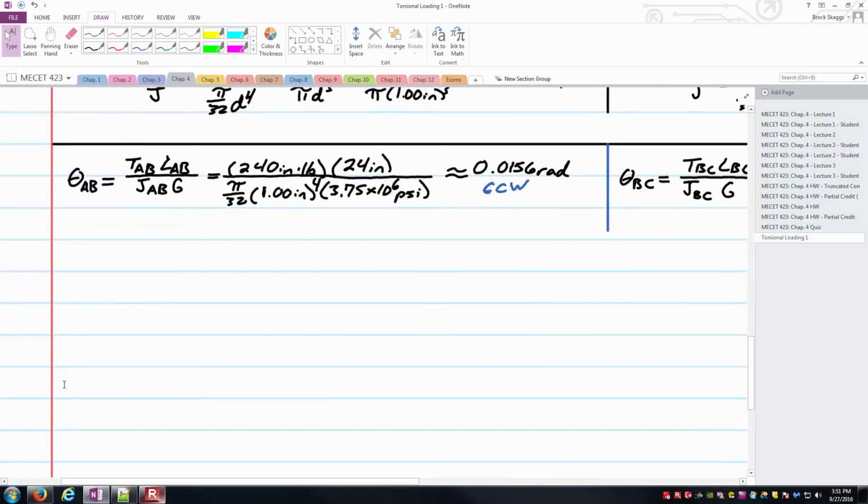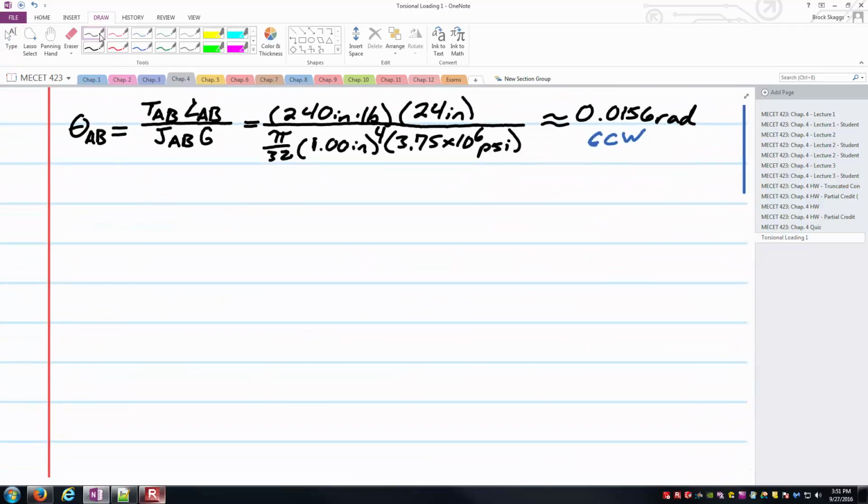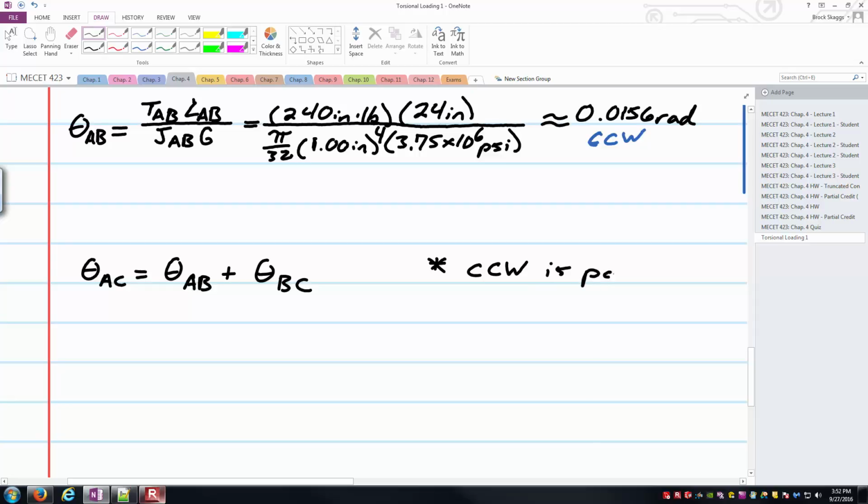And so to do that, we use a little bit of superposition. And so here we're going to say something like theta AC is equal to theta AB plus theta BC. And then here we need to introduce a sign convention. Our sign convention here I'm going to write as counterclockwise is positive, which is a common one here.